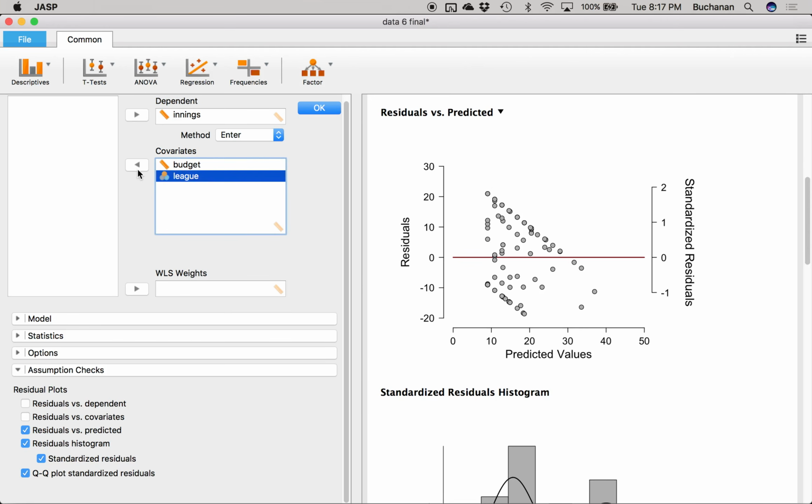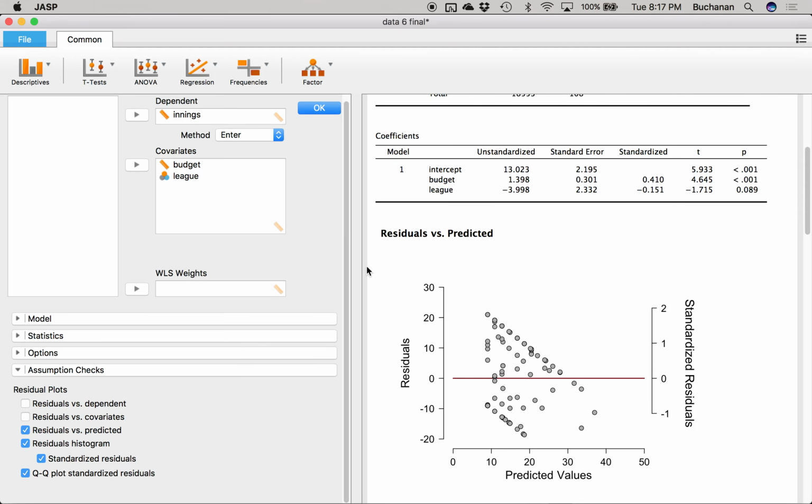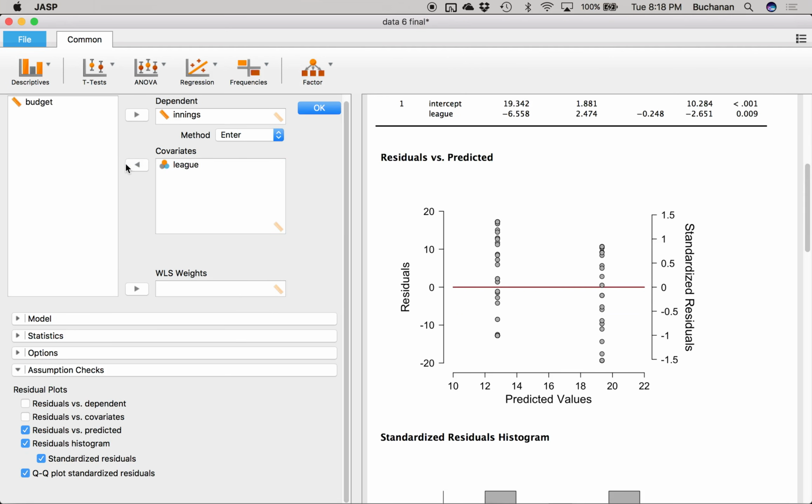Let's see if it's this categorical variable. So I'm going to kind of pop that out. Nope. So sometimes categorical variables will cause you to get some bad residual pictures because they can be either this or that. But clearly in this case, it's actually budget that's causing quite the problem.